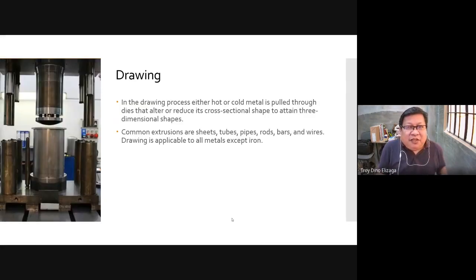Drawing is where either hot or cold metal is pulled through dies that alter or reduce its cross-sectional shape to attain a three-dimensional shape. It's like you're forcing the metal into a mold so that it forms.